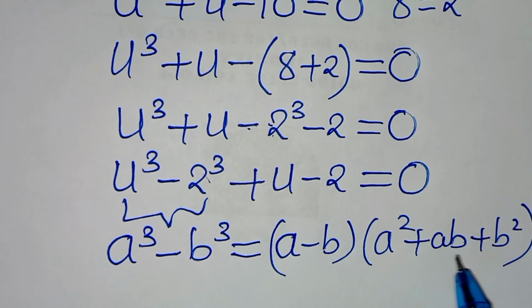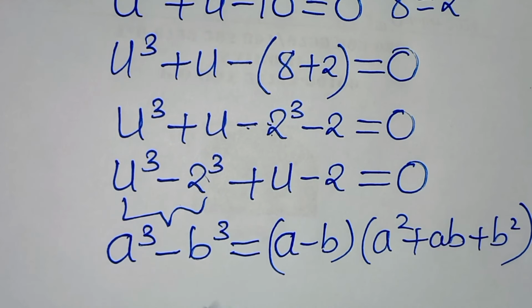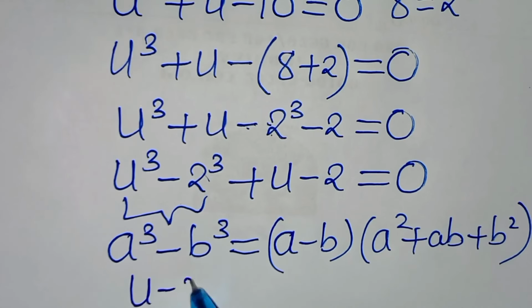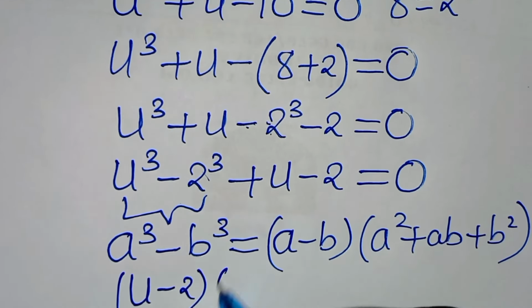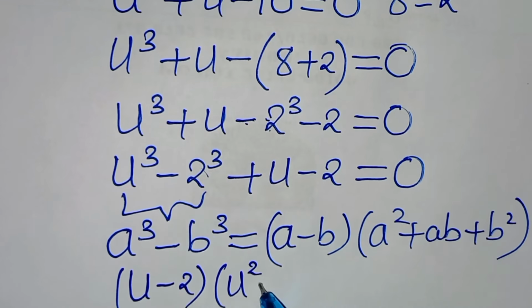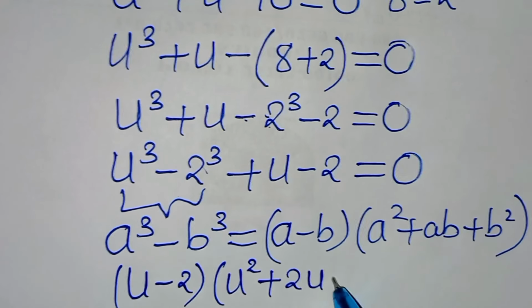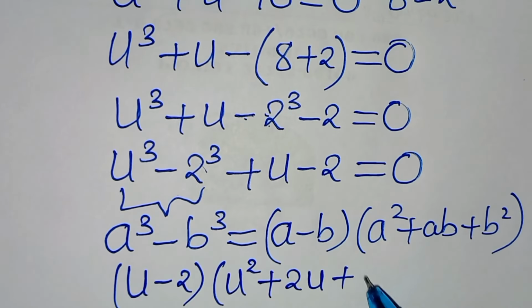Let's apply this identity from here so that now here we have u minus 2, u squared plus 2u, then plus 2 squared, that is 4.